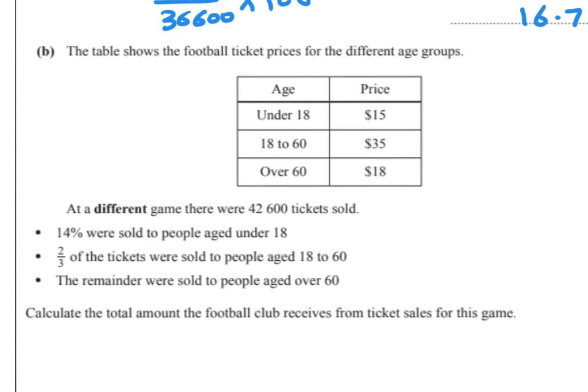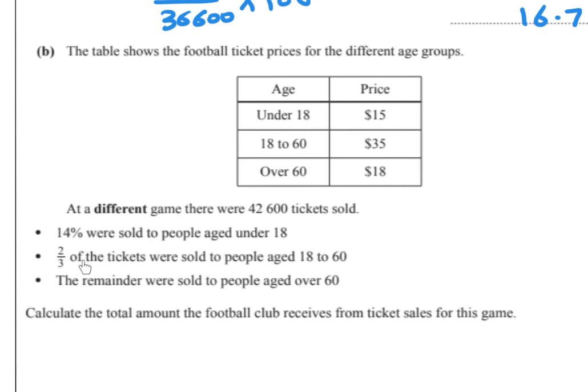So we need to find the number of tickets from each type. From people aged under 18, to find the number of tickets, you need to multiply 14% by the total. Then to find the amount, you need to multiply by 15.